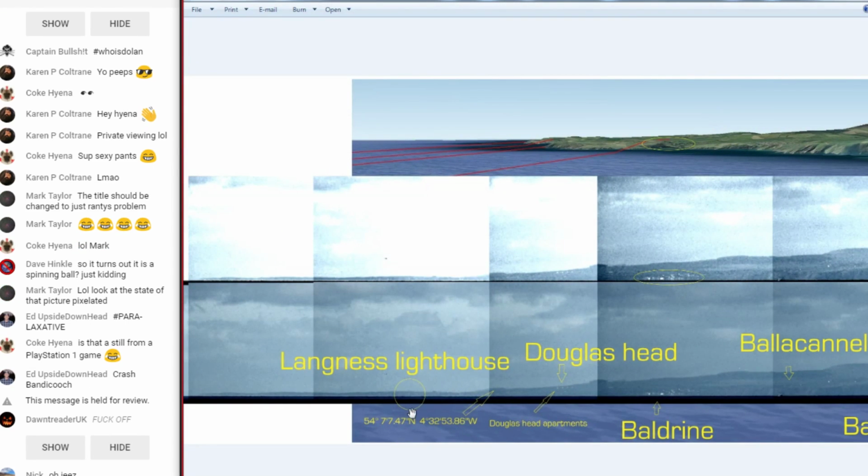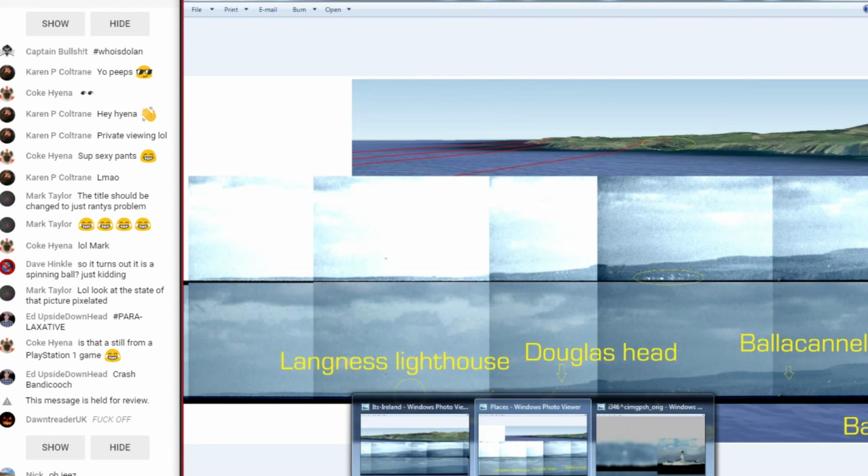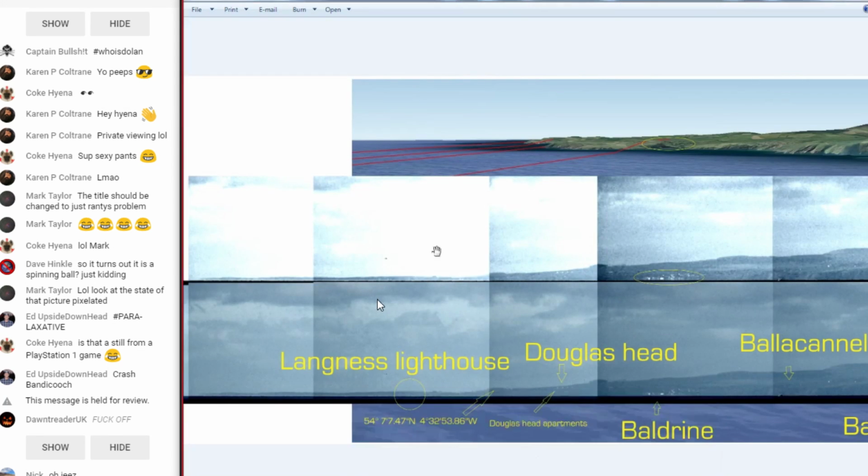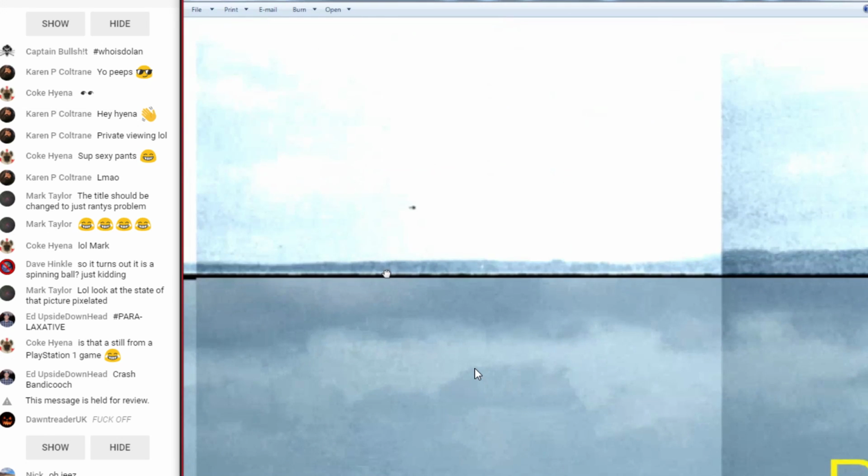And these are the lengths, the degrees that we have gone to demonstrate that we have accurately matched these locations up. And what we are left with is the lighthouse in the exact position you would expect it to be, with a considerable amount of land behind it and to the left of it. So everything behind, in this image, everything behind this lighthouse is Ireland at 145 miles.